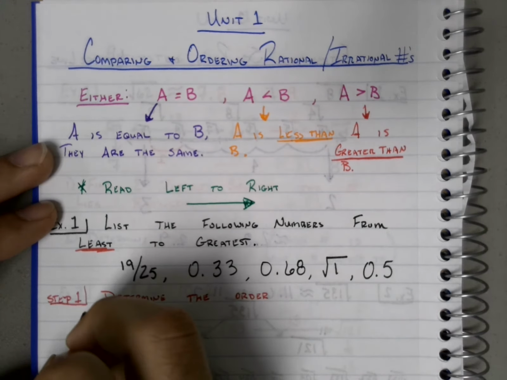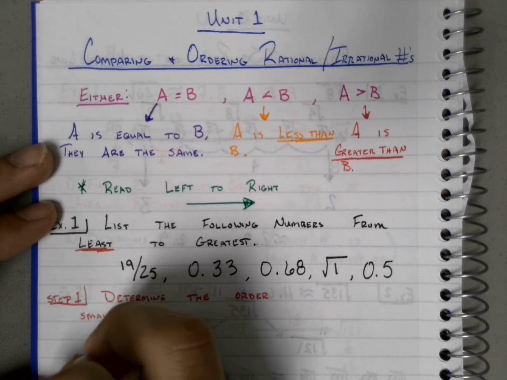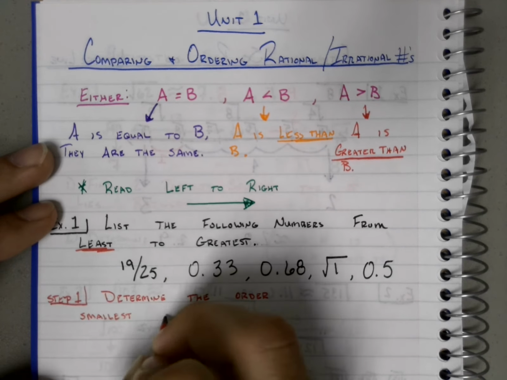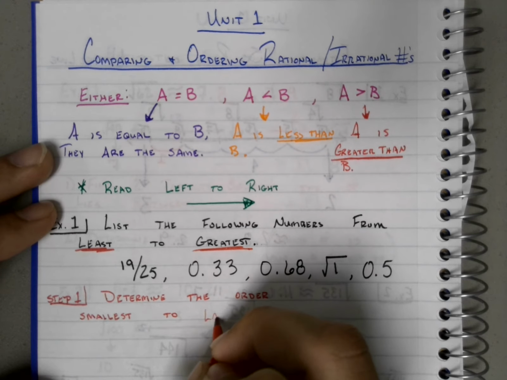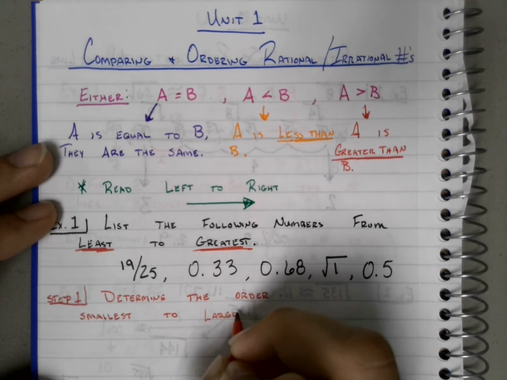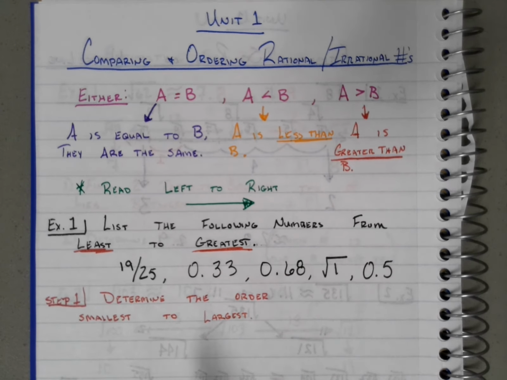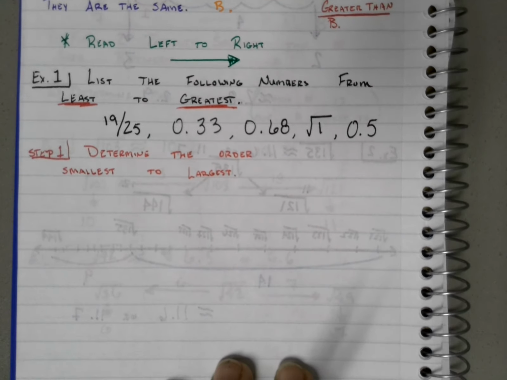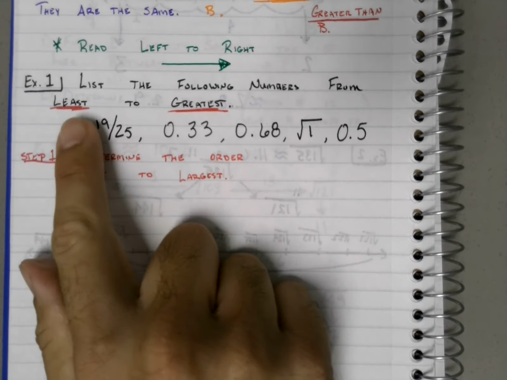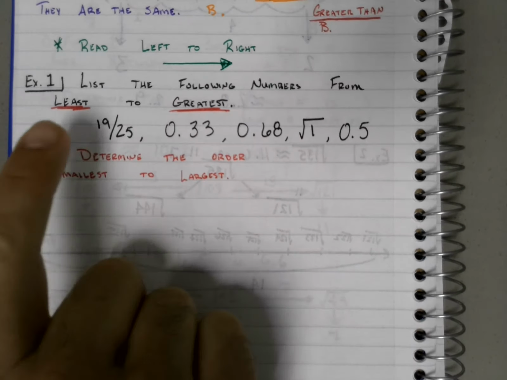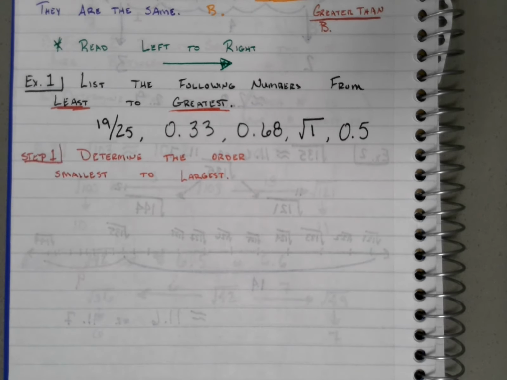So this is smallest to greatest, meaning the largest. That means the smallest number is going to start on the left. That's step one, because a lot of times we forget to go up here and read. We always assume it's least to greatest. Sometimes it's asking for the greatest to the least, so it's important for us to read this.